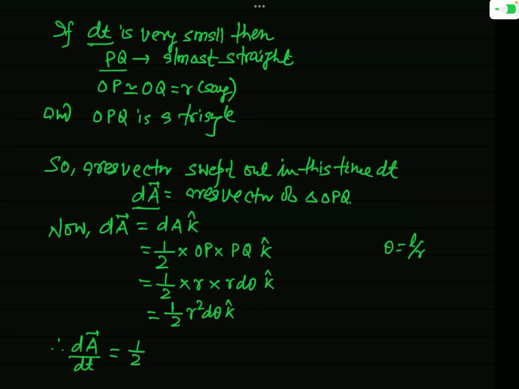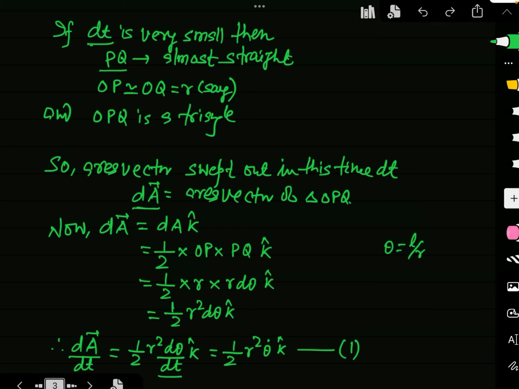Okay, so dA by dt will be 1 by 2 r square d theta by dt times k hat. Now in dot notation, you know, this d theta by dt is written as theta dot. So you can write this as 1 over 2 r square theta dot k hat. This is the areal velocity. dA by dt is called areal velocity.